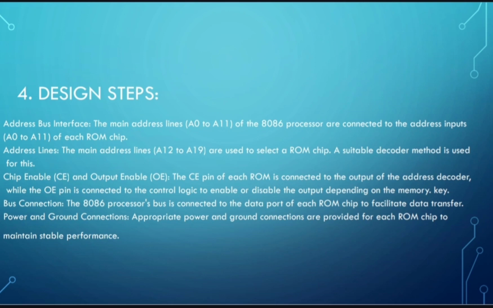Chip enable and output enable: the chip enable pin of each ROM is connected to the output of the address decoder, while the output enable pin is connected to the control logic to enable or disable the output depending on the memory operation. Data bus connection: the 8086 data bus is connected to the data port of each ROM chip to facilitate data transfer.